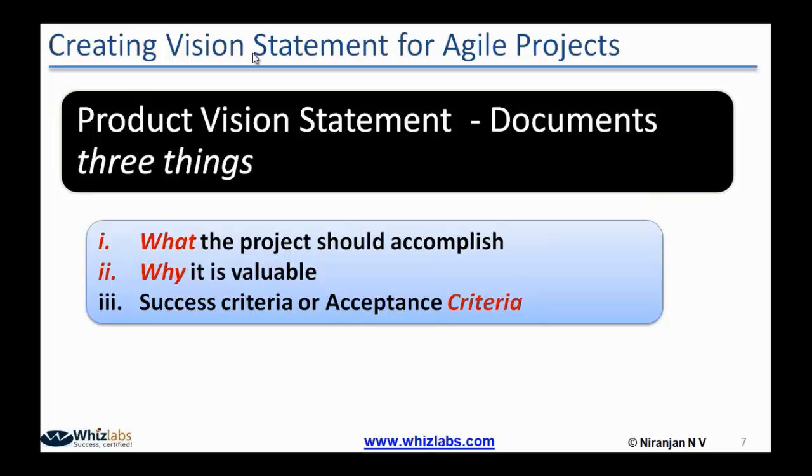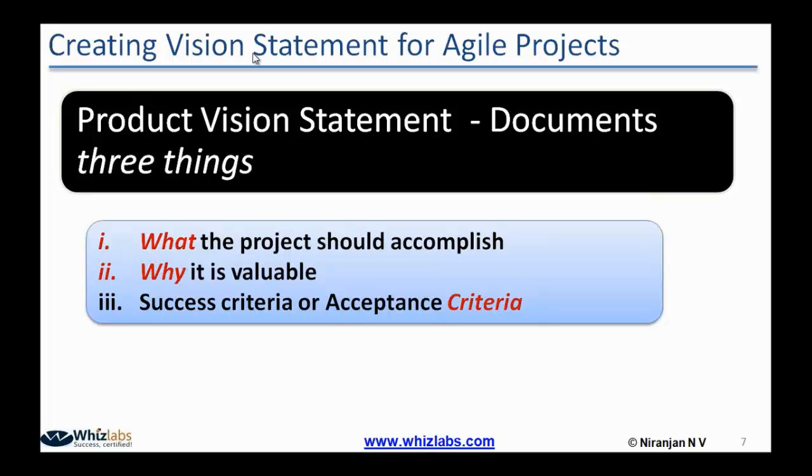For that, the important first thing is defining the product vision statement. The product vision statement sets the ball rolling. It documents a minimum of three things. One is what this project or this release is going to accomplish. Like the example I gave just now, if you have an ATM software to be developed, what are the features that are going to be there in this release?